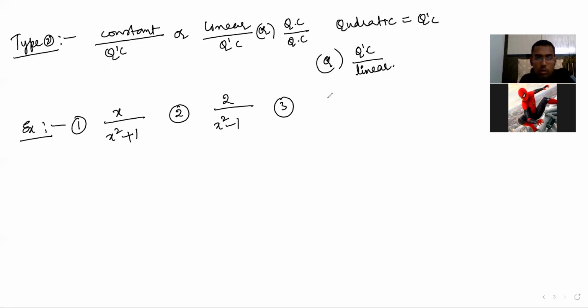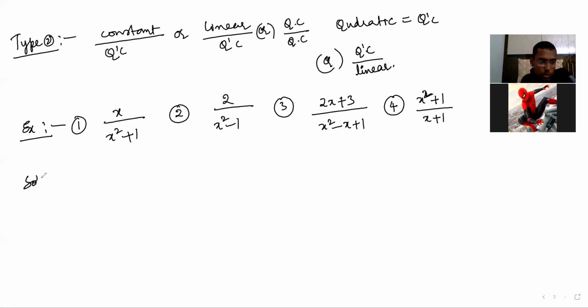Third: (2x plus 3) by (x square minus x plus 1). This is linear by quadratic. Fourth: (x square plus 1) by (x plus 1). All four are covered.